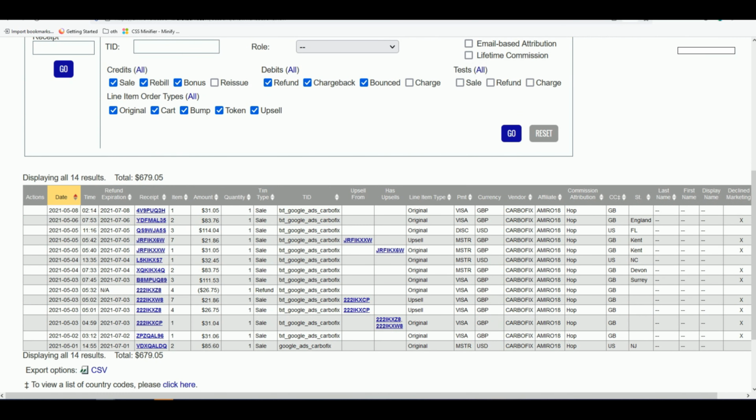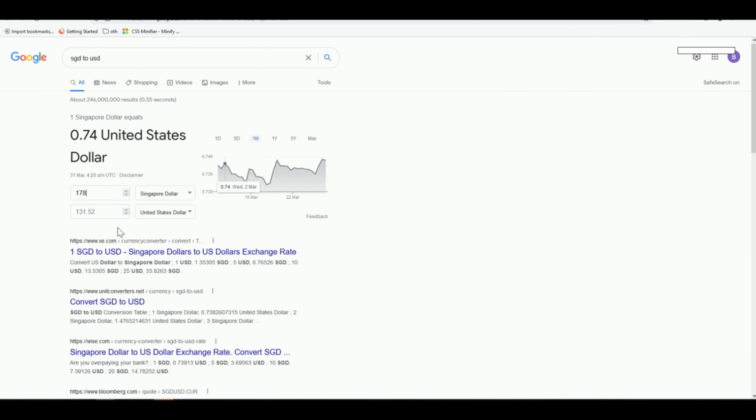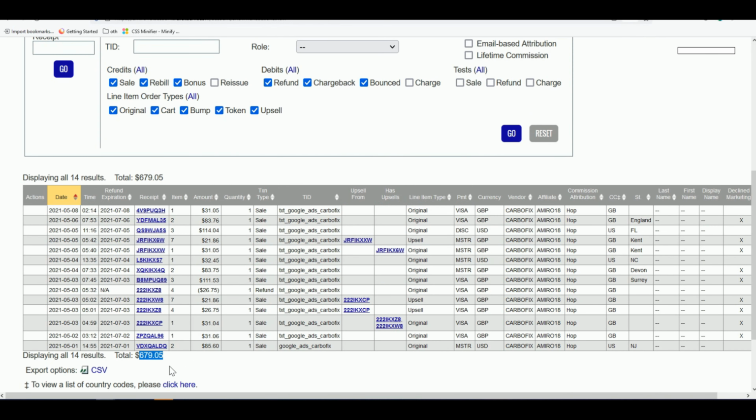In this one, we've got one refund, which is okay, and the net income, the net sale that we've got is 679.05. Still, we've got some profit based on the amount that we spent, around $132. After all the refunds and chargebacks, we earned 679.05.